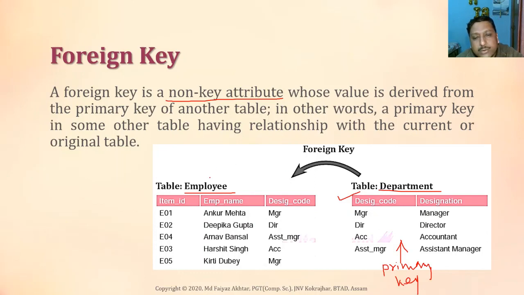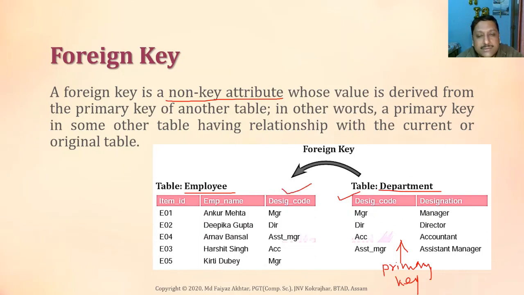Now in the employee table, this designation code is entered, and it is taken from the primary key of the department table.